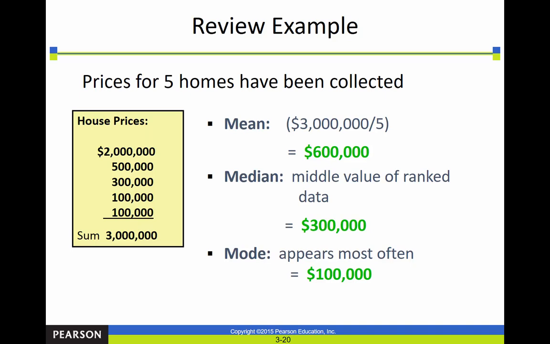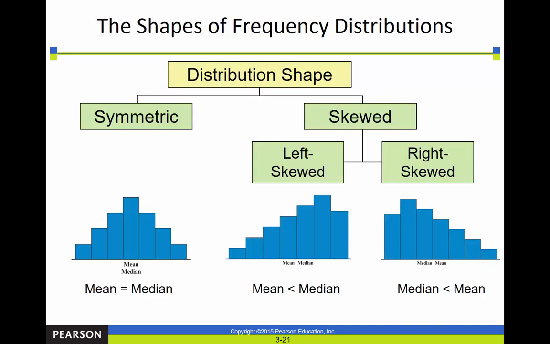We round that to the next whole number, so that's 3. So we just start from the lowest and move up to the highest, 3 index points. 100,000 is the first one, 100,000 is the second one, 300,000 is the third index point, so that becomes our median. And the mode is the one that appears the most often. And we see that 100,000 appears more often than the others, so that becomes our mode.